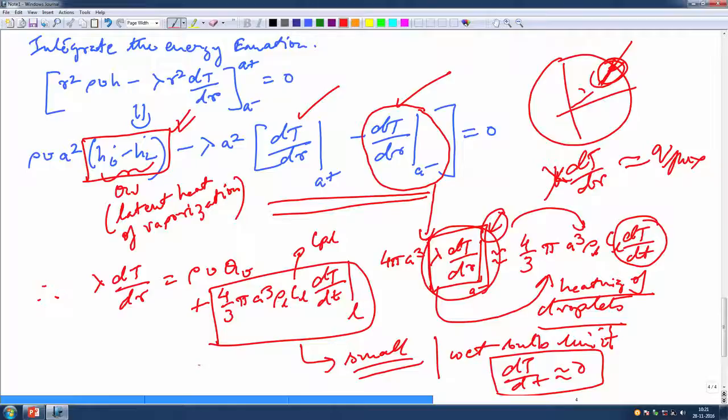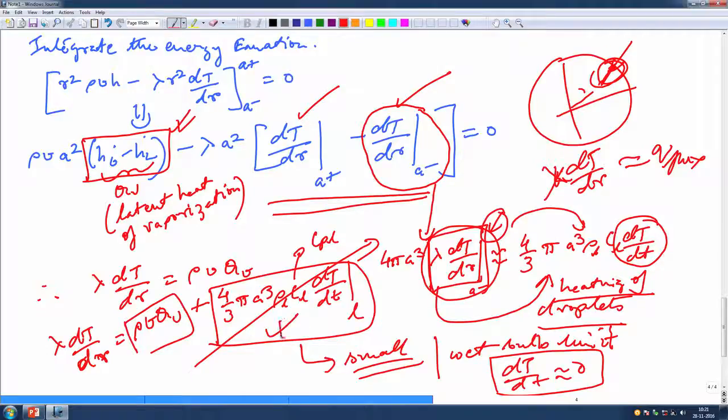So if this is equal to 0, if you take this particular term out, then dT/dr is equal to rho v into qv, where qv is the latent heat. Or if you include this also, then this qv is written as qv effective. So you sum the two.